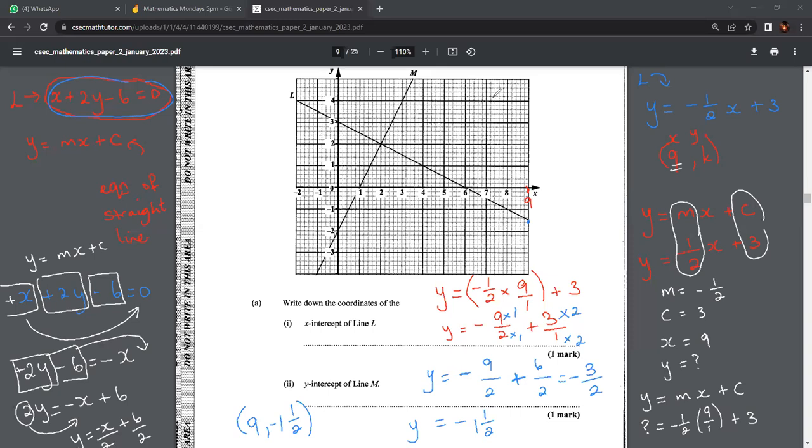All right, so any questions on this one?